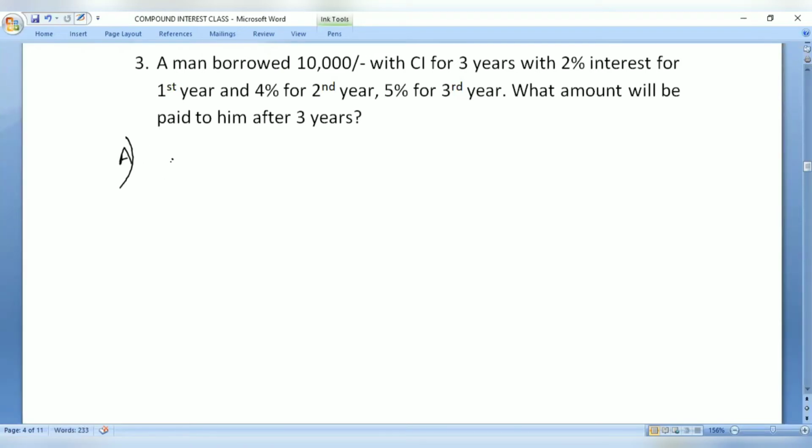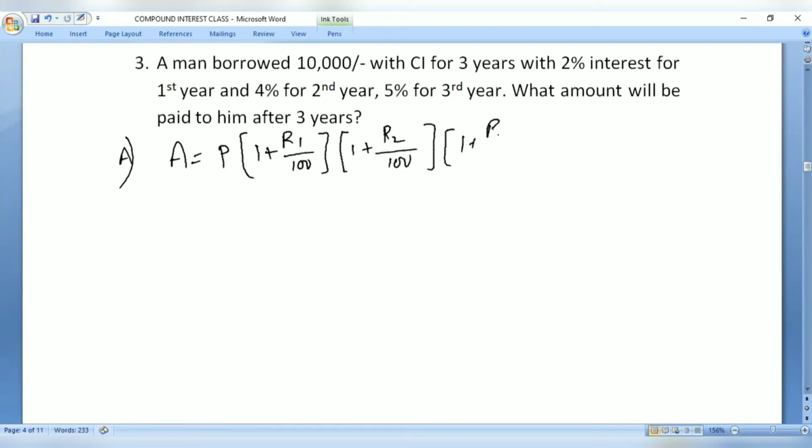So in this case, the amount equals principal into 1 plus R1 by 100 into 1 plus R2 by 100 into 1 plus R3 by 100 and so on.